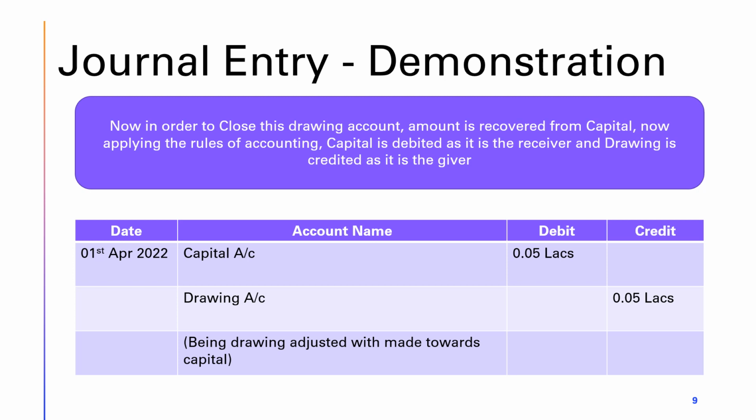In order to close the drawing account, balance is transferred to capital account. Since capital account is debited, as it is receiving, and drawing is credited as it is giving. If you remember, in accounting equation there was no concept of drawing.